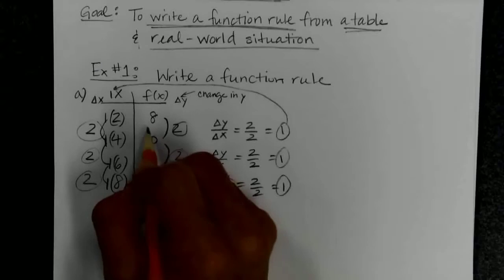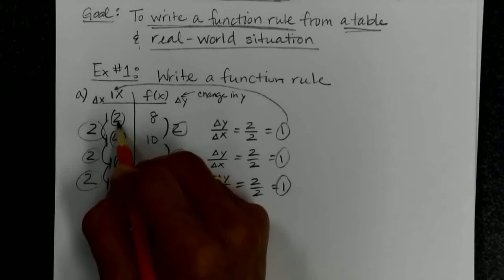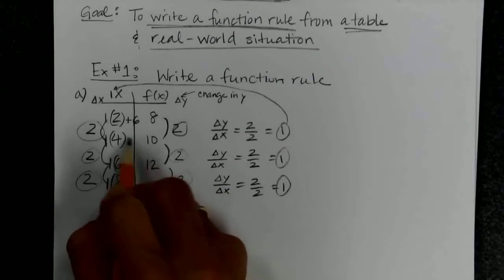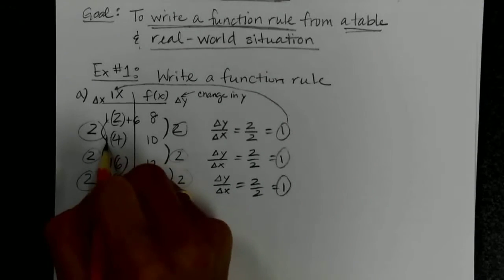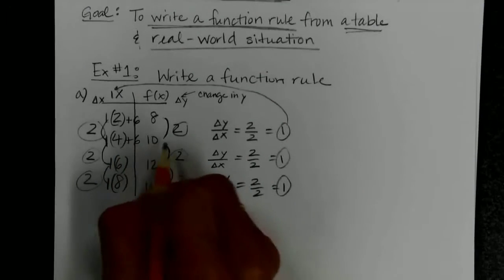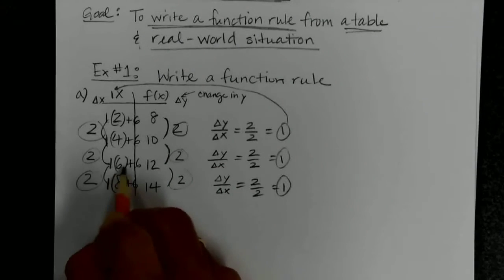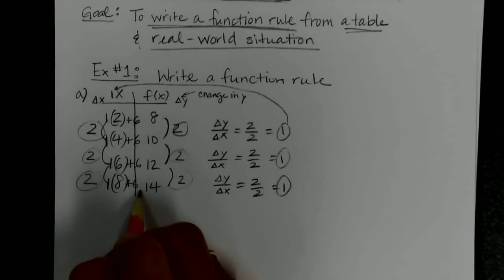Now I want to know what else I need to do to get to 8. 1 times 2 is 2, and to make it 8, I need to add 6. Then I'm going to see if this pattern is the same for the rest of the numbers. 1 times 4 is 4, plus 6 is 10. So that's true. Same for the rest: 1 times 6 is 6, 6 plus 6 is 12, and 1 times 8 is 8 plus 6.